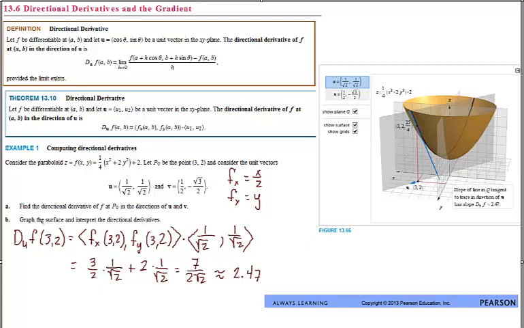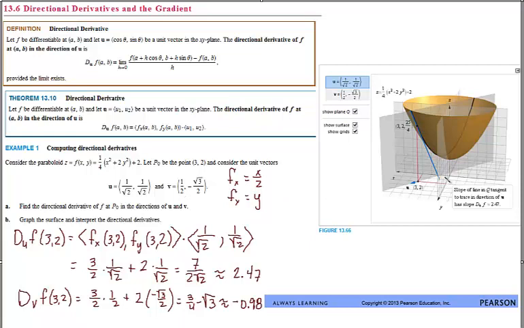Now I will do a similar thing for v. I'm doing the interpretation as we go, so let me write that stuff down for v. Alright, so there is my directional derivative with the unit vector v at that point.